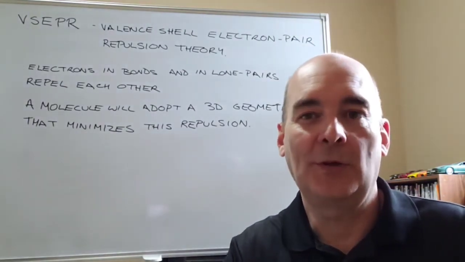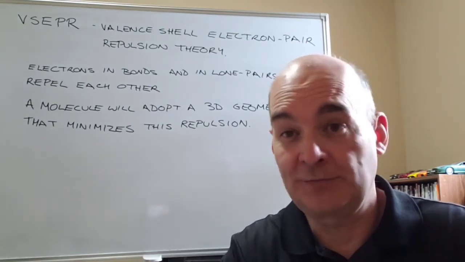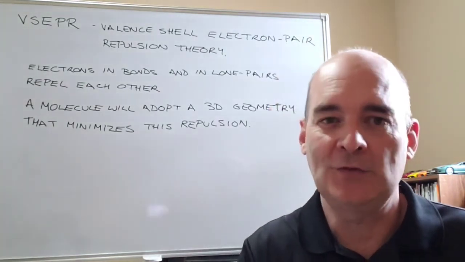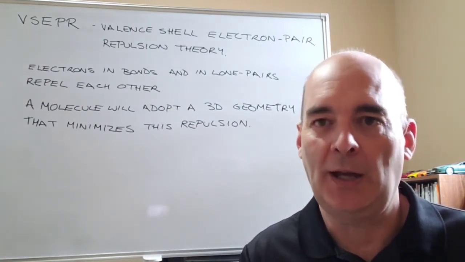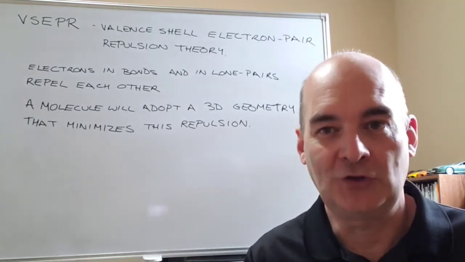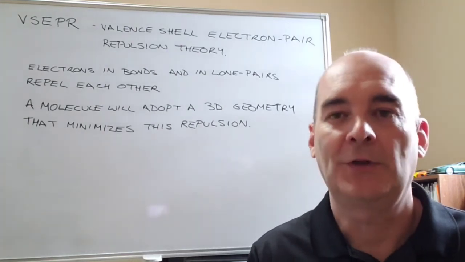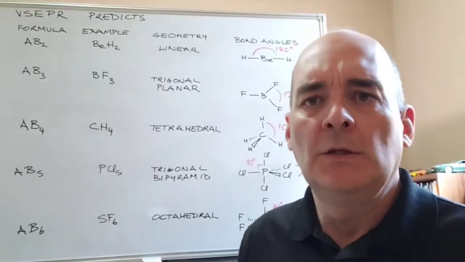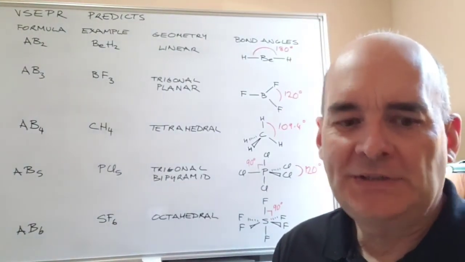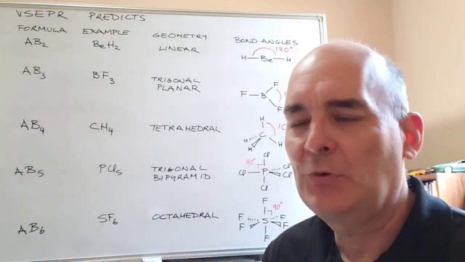You can't put another balloon inside that balloon. That's a repulsive space. And if you tie balloons together, they just naturally occupy the shapes of the geometries of the molecules that we're about to explain to you. So let's look at what VSEPR theory predicts.